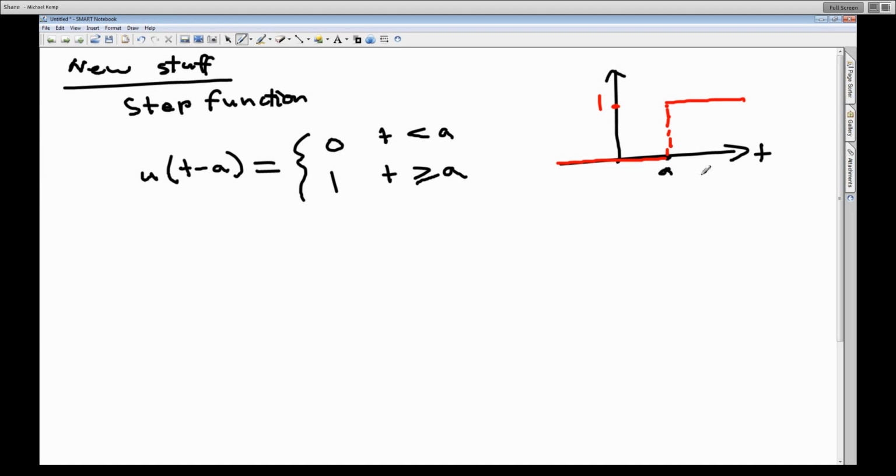And so, where would you ever use it? Well, in applications, which I'll do in a second, it's like turning things on. Before, something's off, and then one day you turn it on, like flipping the switch. Or, you've got a mass at rest.